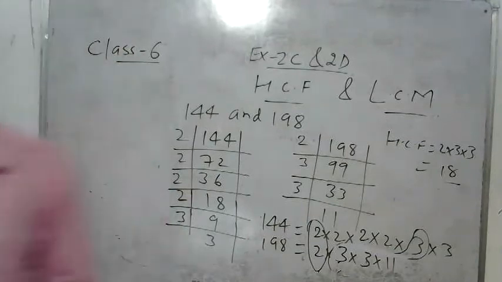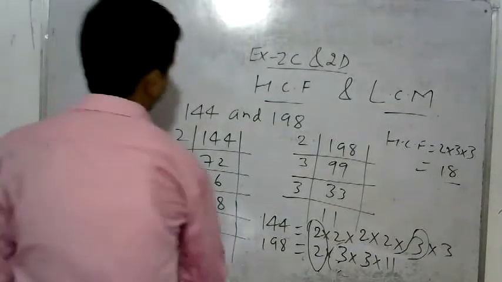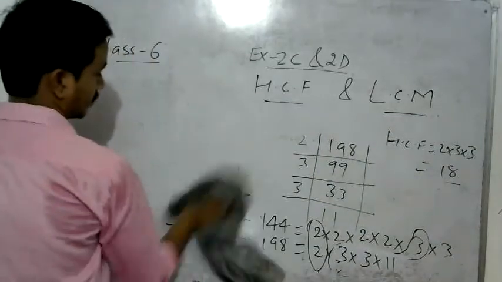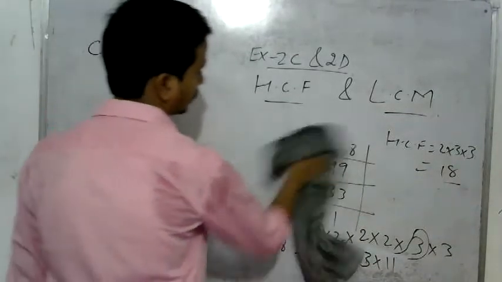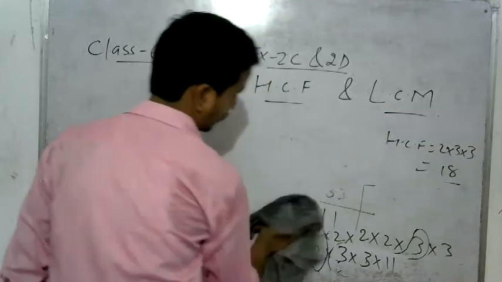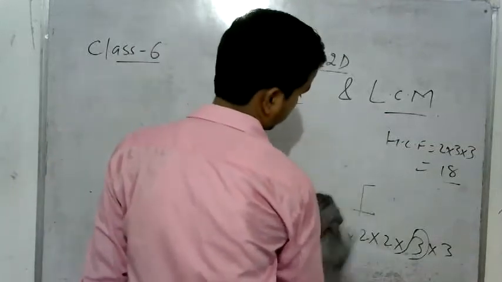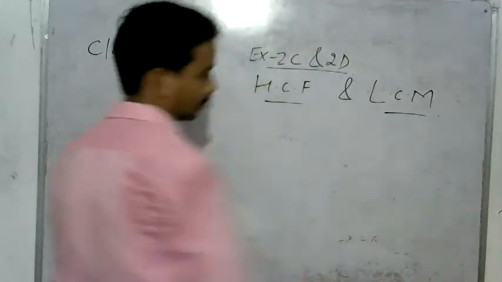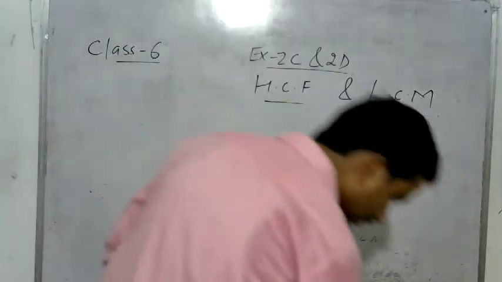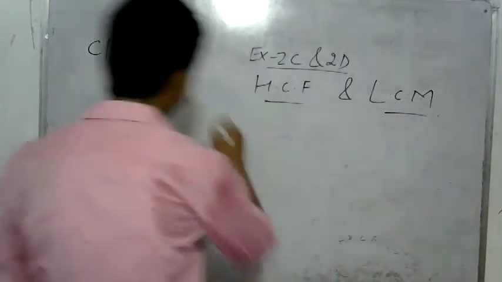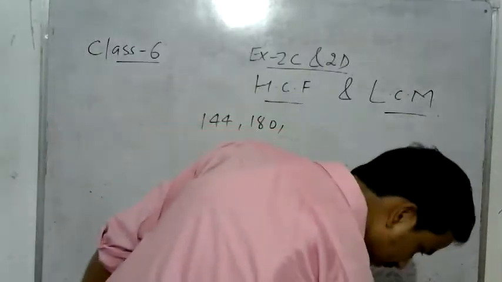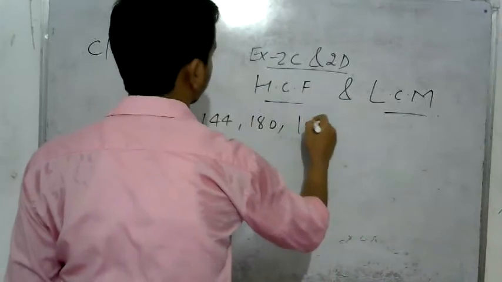Now we will see how to find the HCF of 3 numbers: 144, 180 and 192.